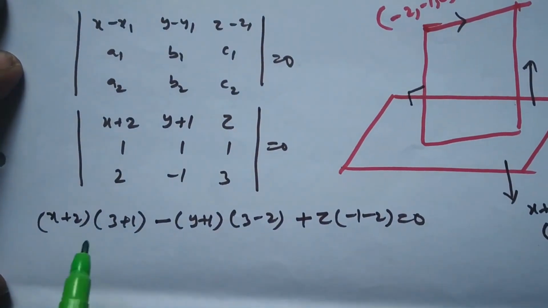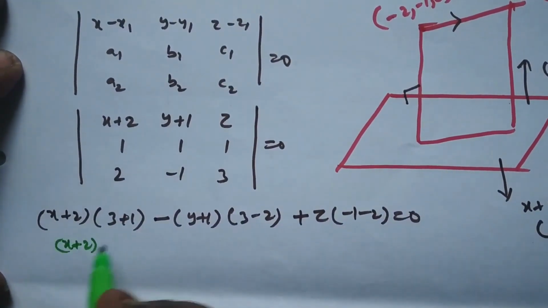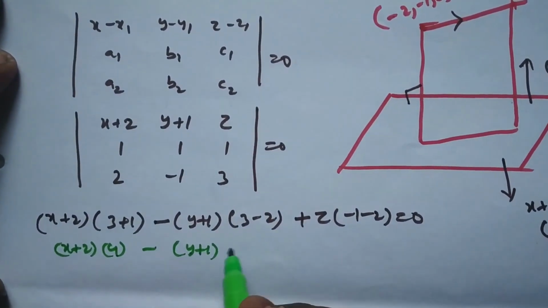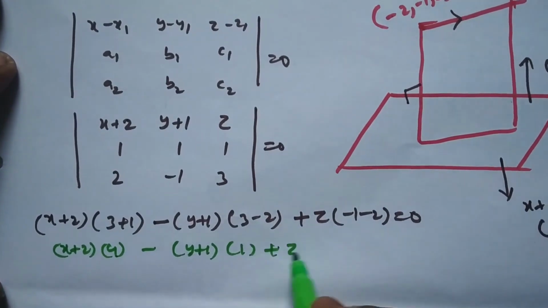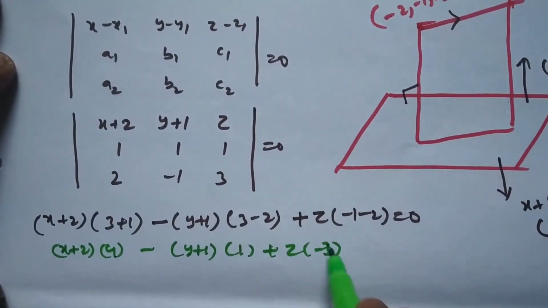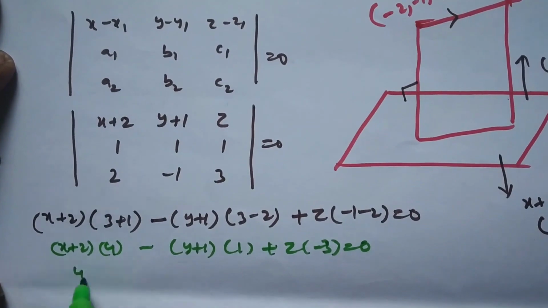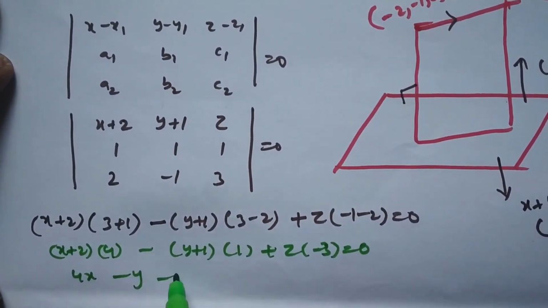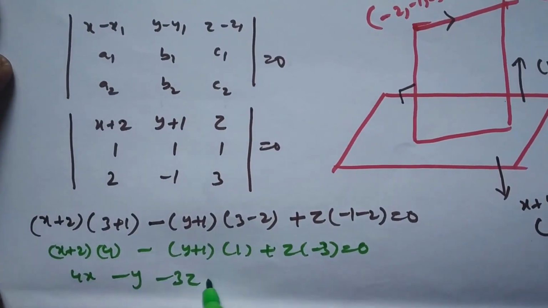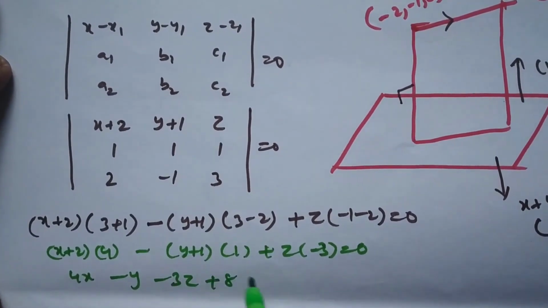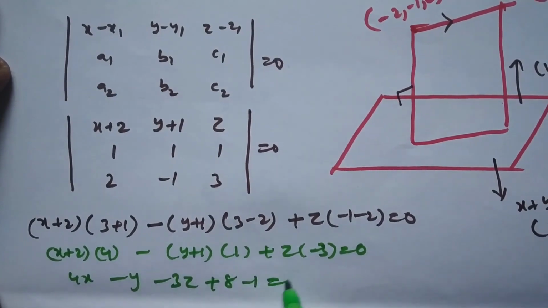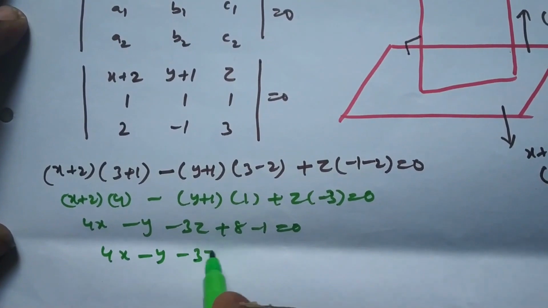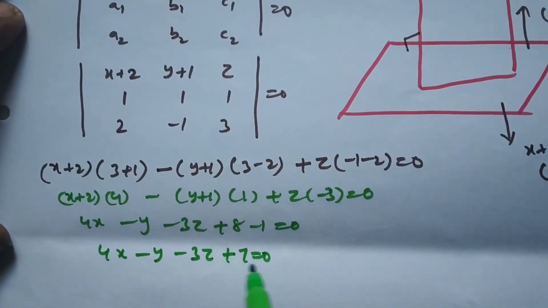So x plus 2 into 4, minus y plus 1 into 1, plus z into minus 3, that is equal to 0. 4x minus y minus 3z, next plus 8 minus 1, is equal to 0. So the plane is 4x minus y minus 3z plus 7 equals 0.